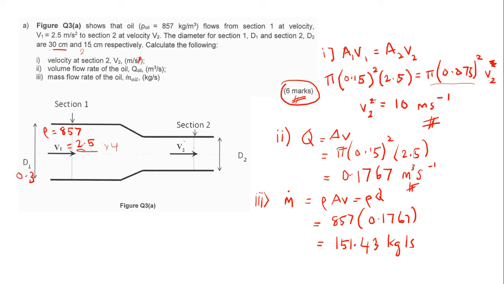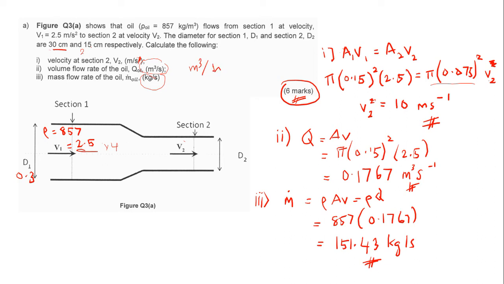Okay, so this is your answer. Remember, all the units should be written in your answer. In this past year's paper, they gave you the unit, so you need to give the answer in this unit. Maybe there is a question that asks you to find it in meter cube per hour, so you need to give the answer in meter cube per hour.